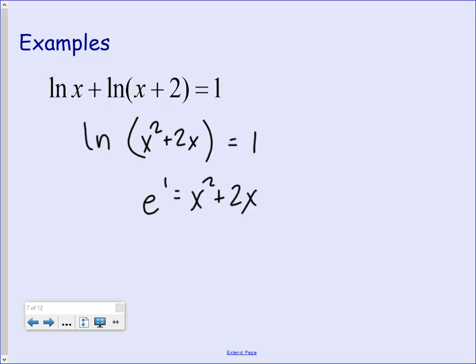and then what does all your information from previous algebra classes tell you would be an appropriate method to solving e equals x squared plus 2x? Did any groups talk about that?